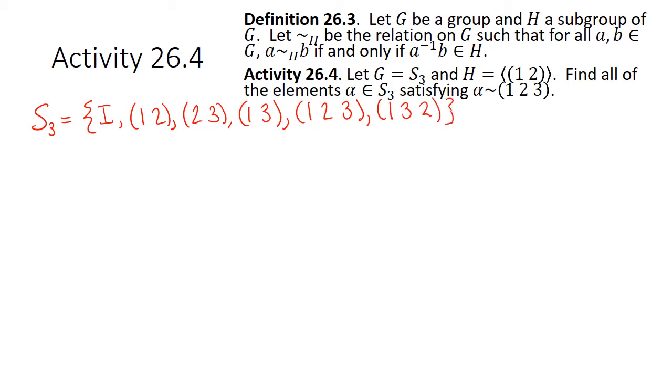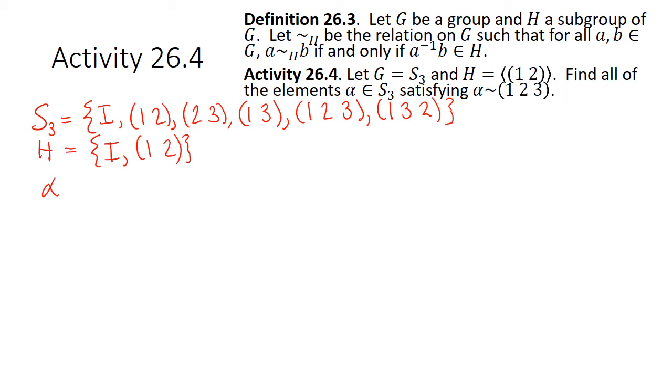Okay, so that's S3. And then what is this H group? H is generated by a transposition, and a transposition is its own inverse. So this H group is just going to contain the identity and (1 2). All the powers of (1 2) are either the identity or (1 2) itself again. Now we're looking for all of the elements alpha that satisfy alpha is related to (1 2 3).